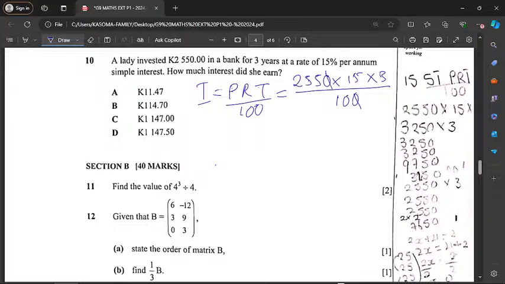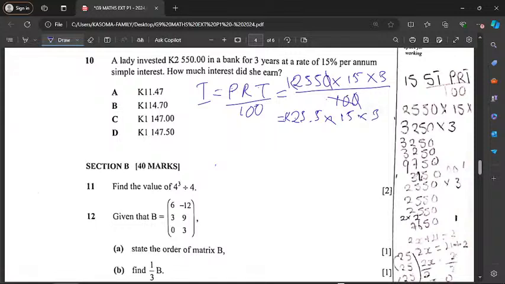Then we can have something like this. We divide 10 into that, which will give us 25 times, then this will go out, the 10. Okay, we remained with 255 kwacha. Here I've forgotten even to put the kwacha sign. Then we divided 255 by 10, which gave us 25.5, then times 3.